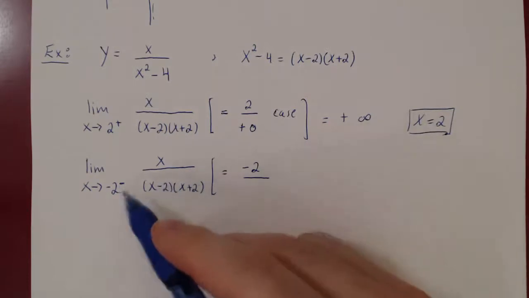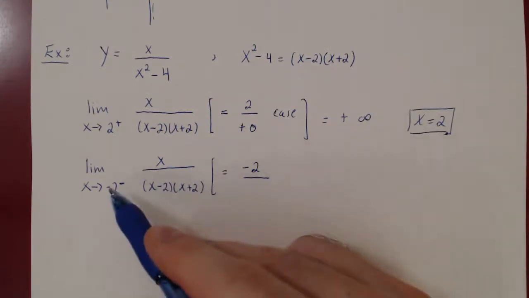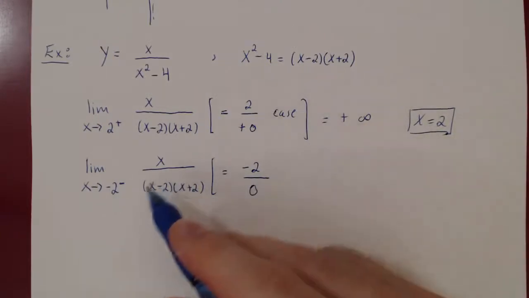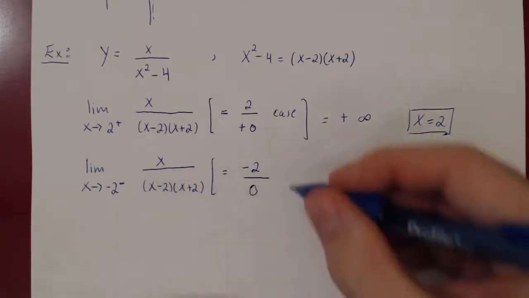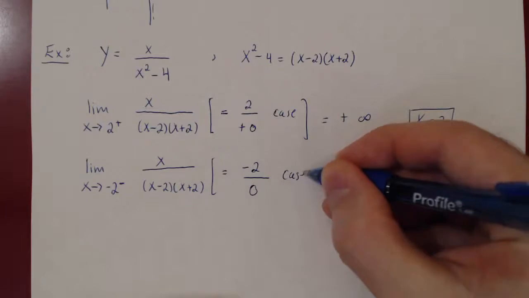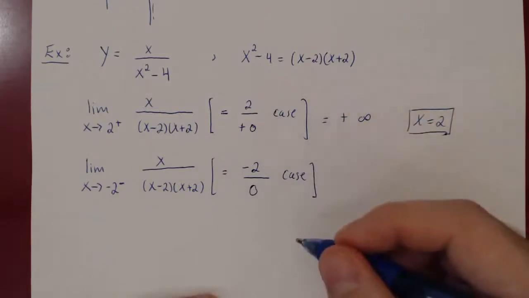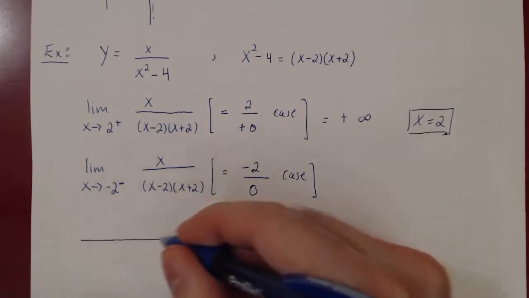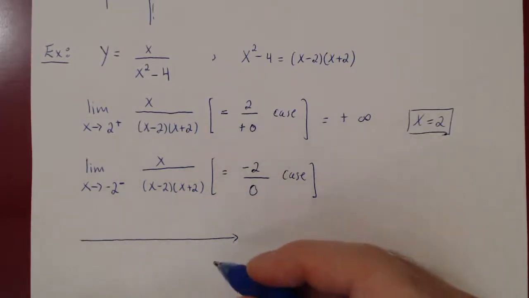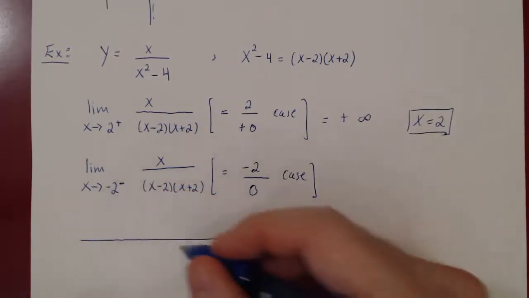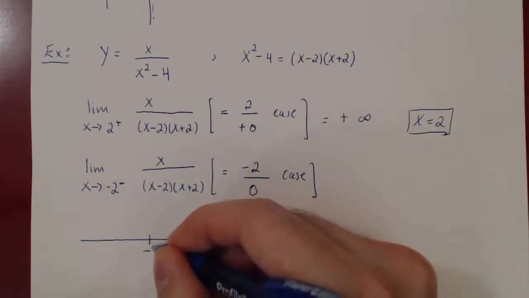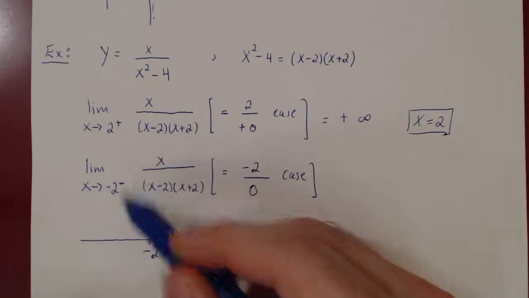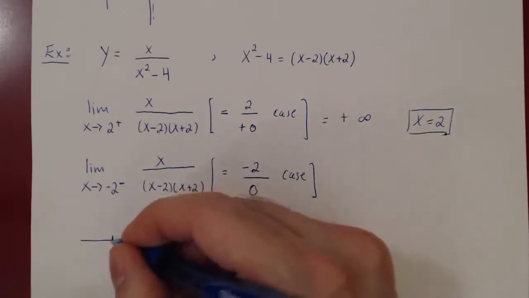And once again, we will have a 0 coming from the negative 2 plus 2. The only question remaining is, will this be a positive or a negative 0? Well, let's see. You can draw the real line. The point of interest is negative 2. And because we approach negative 2 from the left, x is less than negative 2.